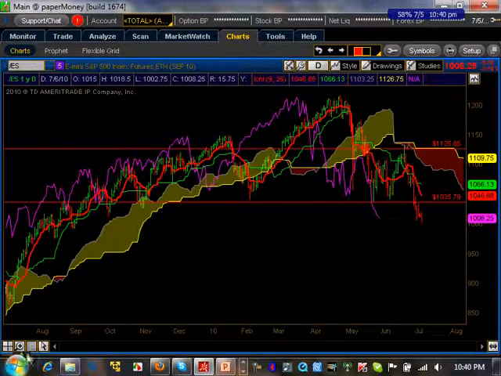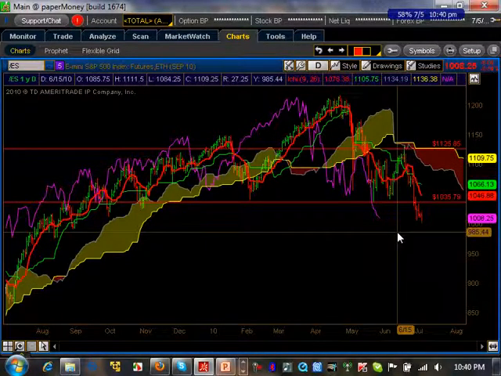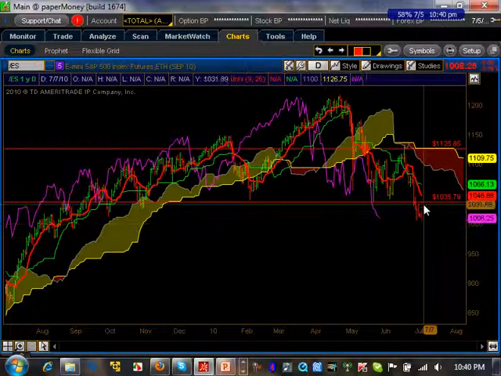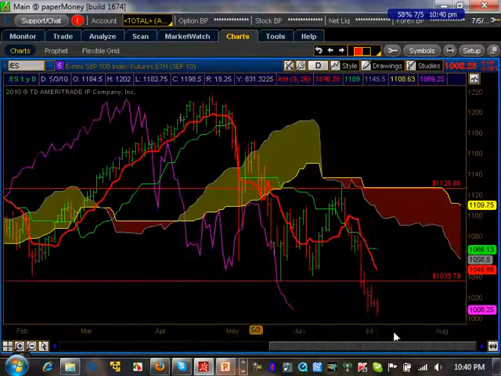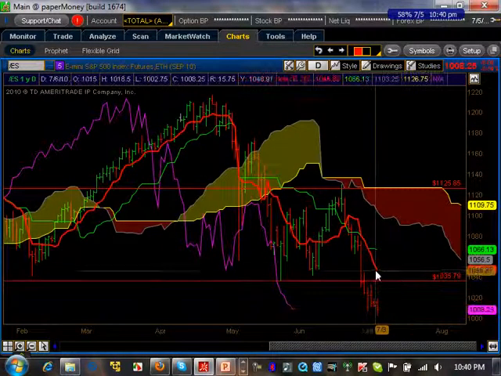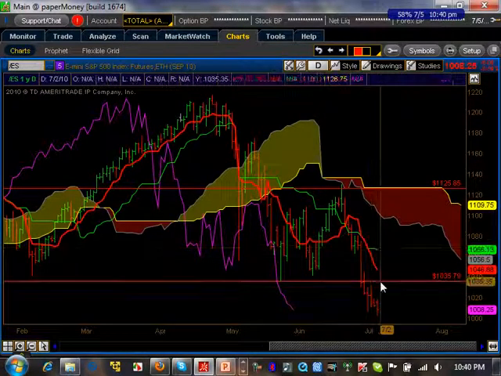On the daily time frame, you could see that we are bearish. Everything is bearish now. One thing of concern, if you zoom in, is that price is starting to get away from the Tenkan-sen, but the Tenkan-sen is pointing down, so we're not really worried about the distance right now.